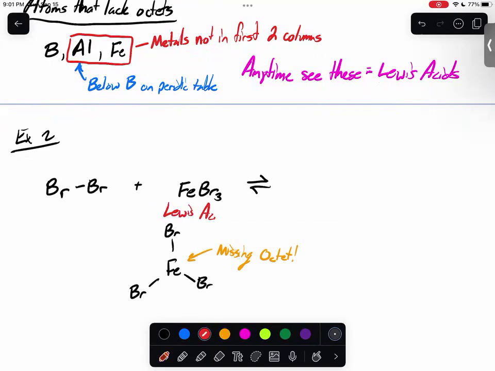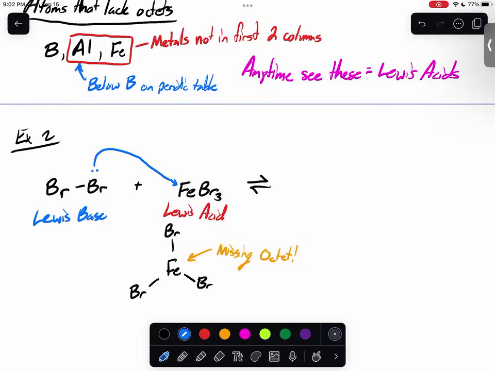All right. And so looking at our Lewis base over here, that must mean that our Br2 is a Lewis base. The only way that we can use the Lewis base is it has to have some lone pairs for us to use. So in this case, one of these bromines, which does have a lone pair around it, can use one of those lone pairs to attach to the iron, right?